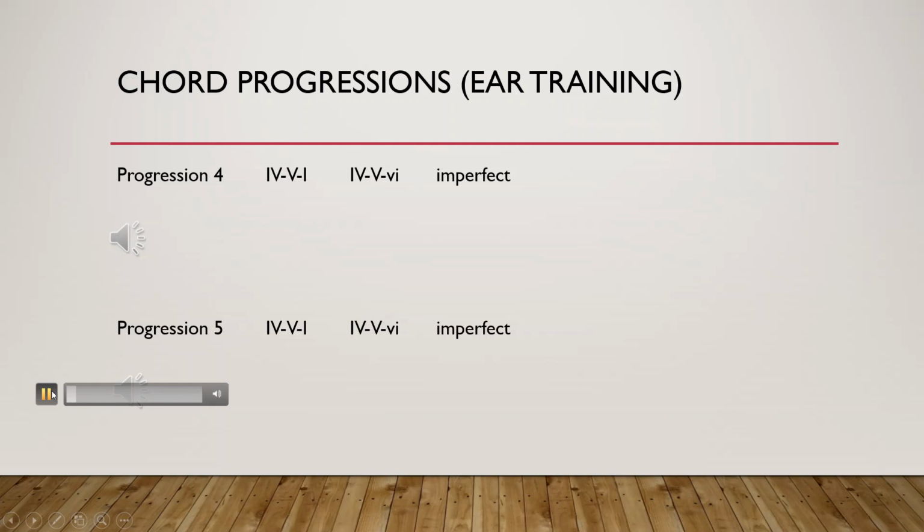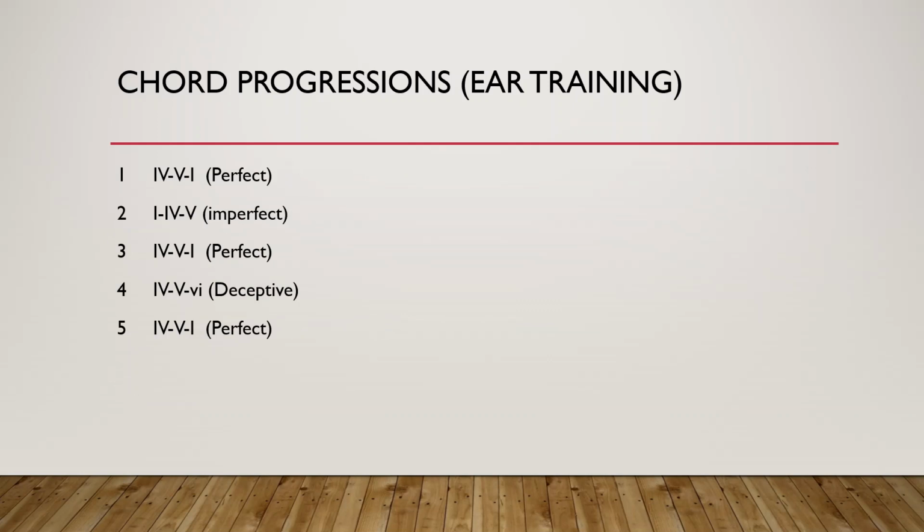I mean, it ends with a major chord and it is resolved, so this is a perfect cadence. 4, 5, 1. And here are the answers. The first, third and fifth were all perfect cadences, the second was imperfect, and the fourth was deceptive.